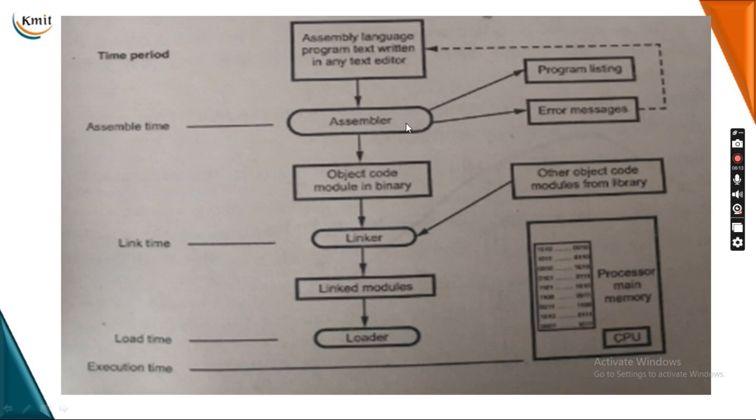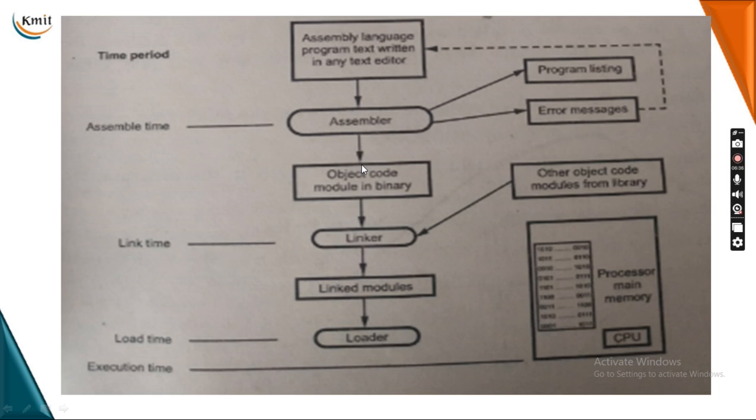Now the assembler checks the program that has been written and looks for any error messages. If any errors occur, it goes back to the text editor saying that there are errors, please check it. If we don't have any errors, then it goes to the linker.